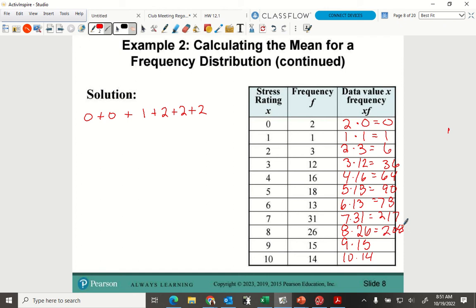Let me see. 9 times 15 gives me 135. Okay, good. And 10 times 14 is 140. I can do that one.